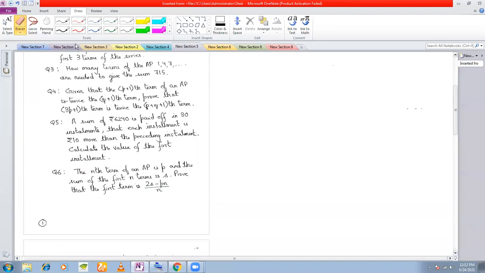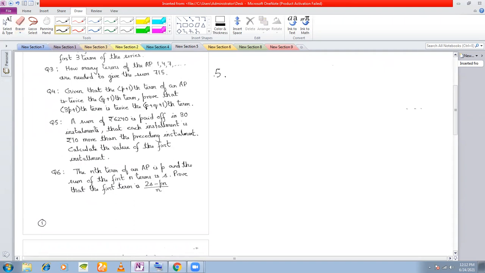Question here is, a sum of 6240 is paid off in 30 installments such that each installment is 10 more than the preceding one. Calculate the value of the first installment.